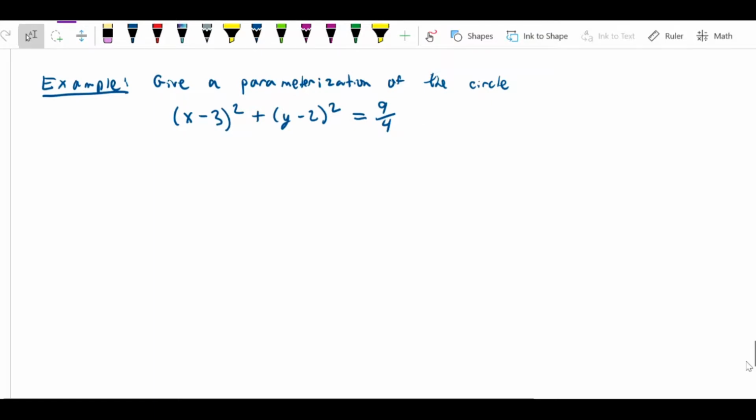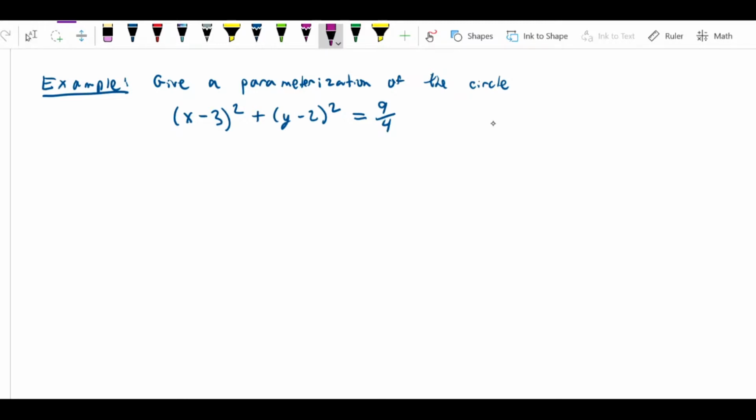So here's an example of a problem we can solve knowing the parameterization of a circle. We're given the equation in Cartesian coordinates (x minus 3) squared plus (y minus 2) squared equals 9 fourths, and we're asked to give a parameterization of the circle.